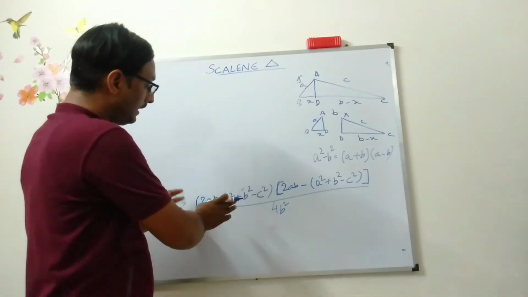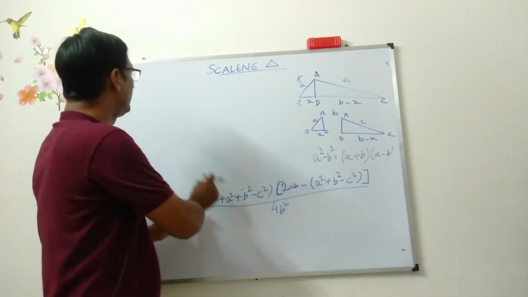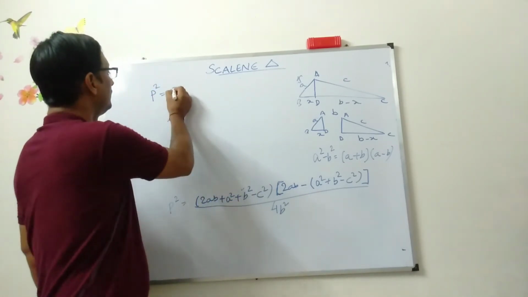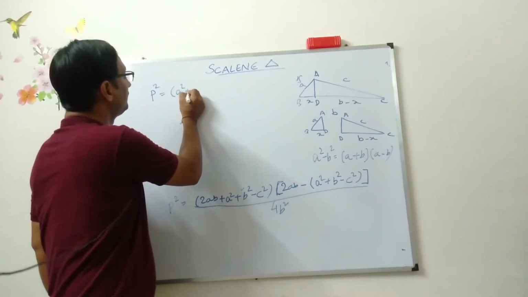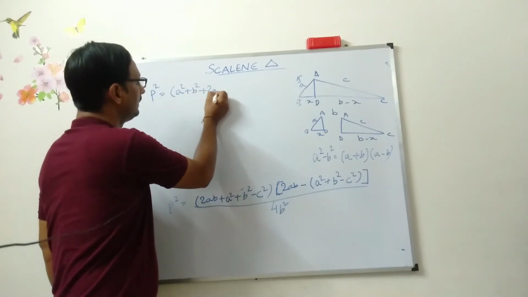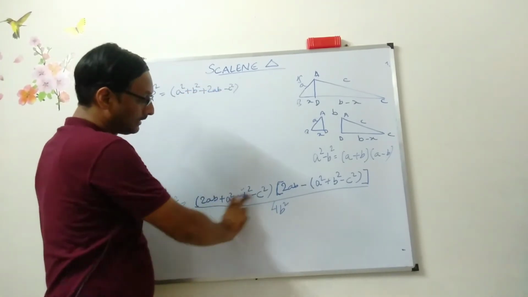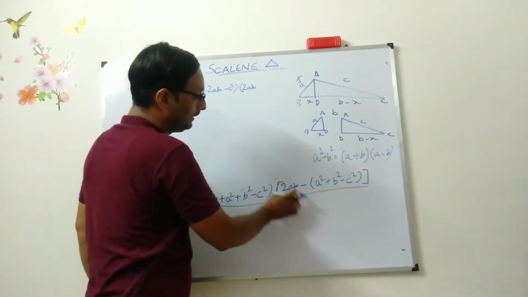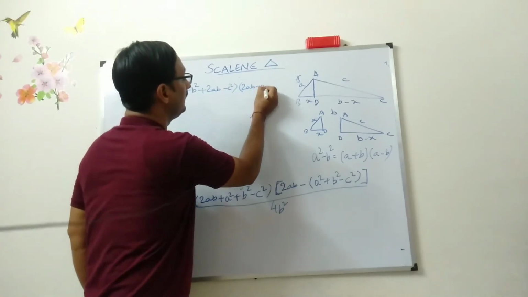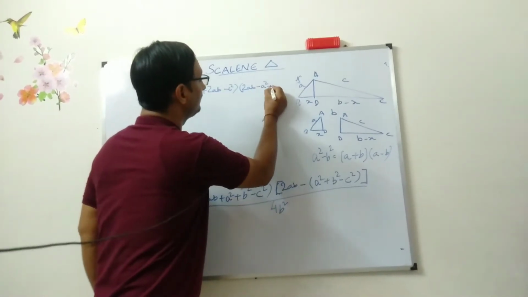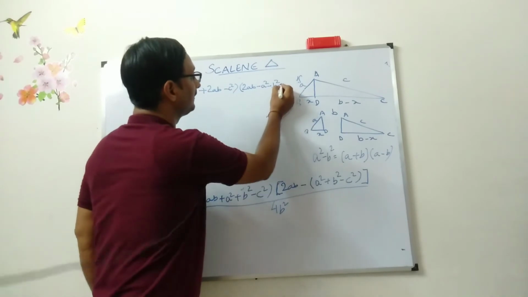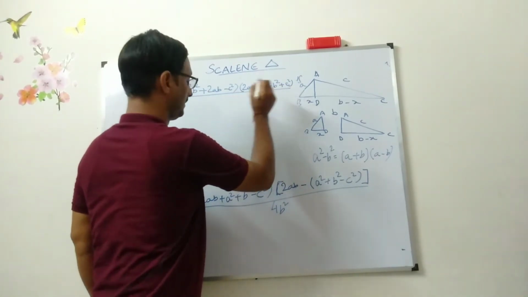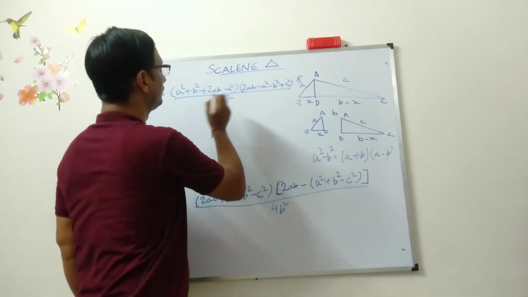This I have to write in a different way so that I'll be getting some formula out of it. A square plus b square plus 2ab minus c square, I can write for this, and for this what I need to write? 2ab minus plus minus a square minus plus minus b square minus minus plus c square by 4b square.